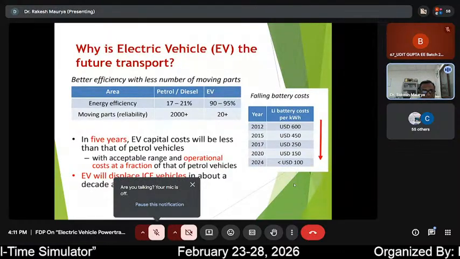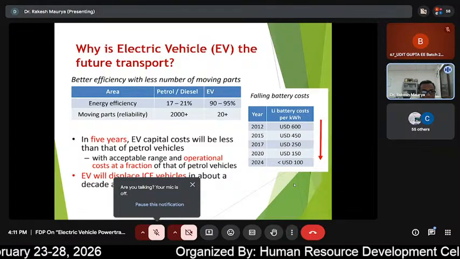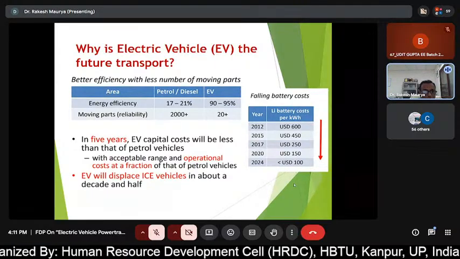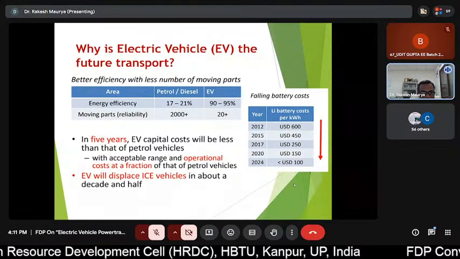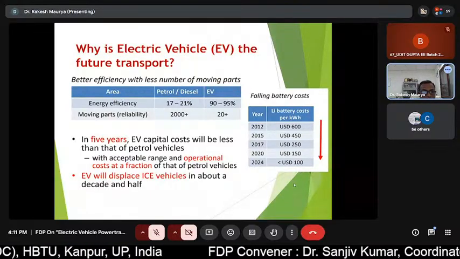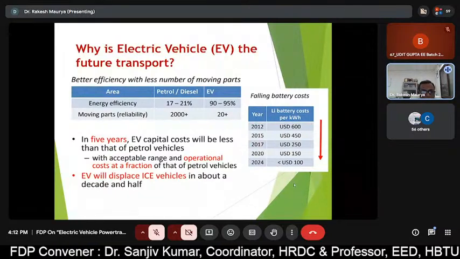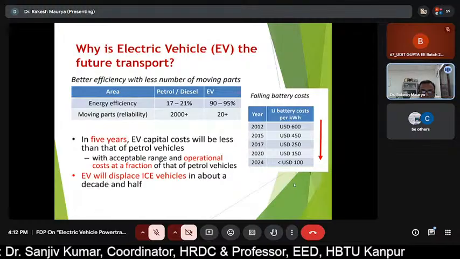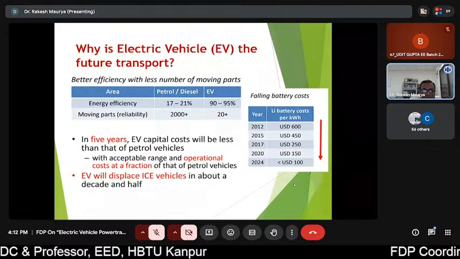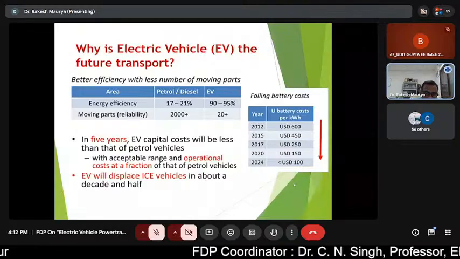But another added advantage is about the technology. All the electric machines used for driving electric vehicles are highly efficient compared to their counterpart, the petrol engine based vehicle, the IC engine based vehicle, because the efficiency of any mechanical system, the IC engine as well as the transmission system, is roughly around 17 to 21%. Whereas for an electric vehicle, whether you consider the motor or the converter, for any sort of conversion, it's roughly 90 to 95% efficient.